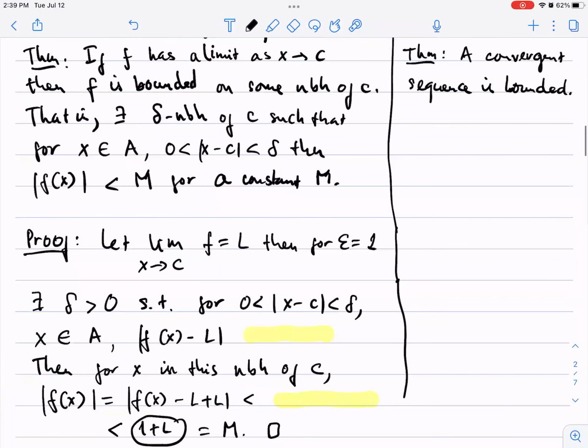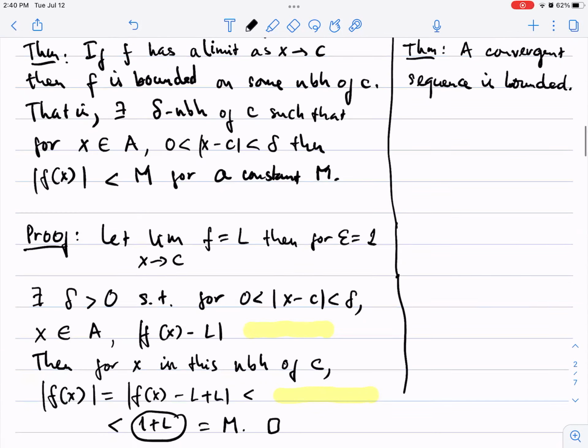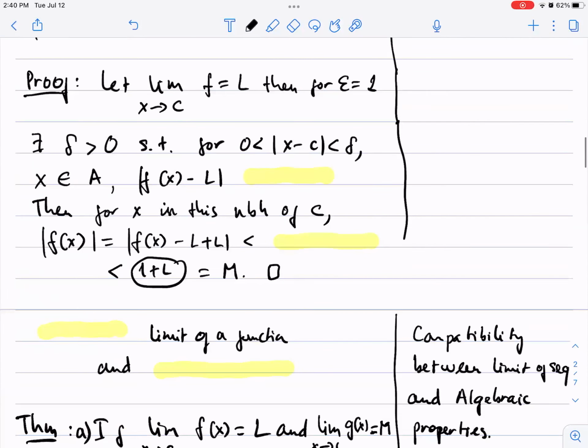So this is the corresponding statement for functions. And we see it has some similarity, but also some difference in comparison with the statement for sequences. It is admittedly a little bit more complicated, but the proof, as you see here, is basically the same.